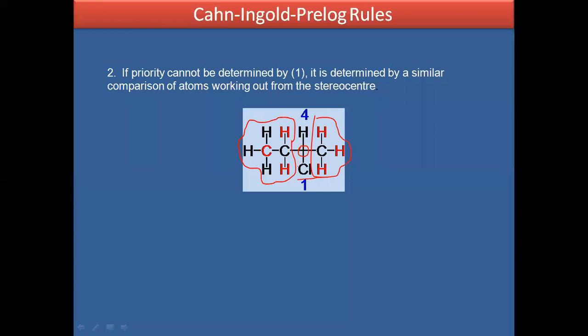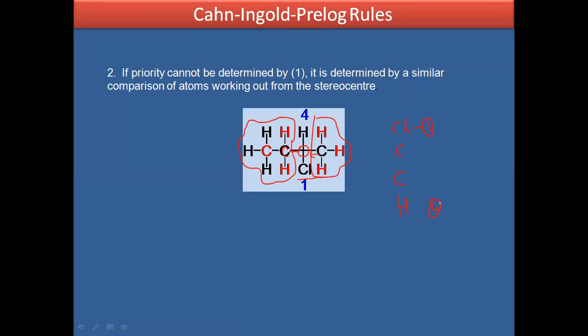In this case, this chlorine is directly attached, no doubt. Hydrogen is directly attached, there are no additions. But here this carbon is directly attached to the asymmetric center, and these carbons. Which group is present? Chlorine, one carbon, another carbon, and hydrogens. As per the first rule, chlorine goes first with the highest atomic number, and hydrogen is lowest.